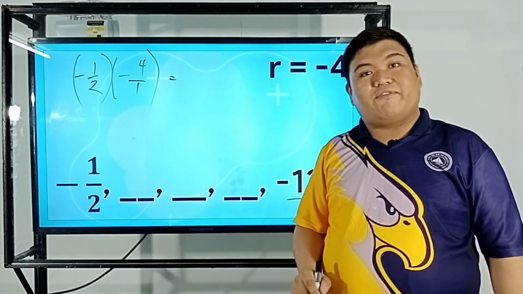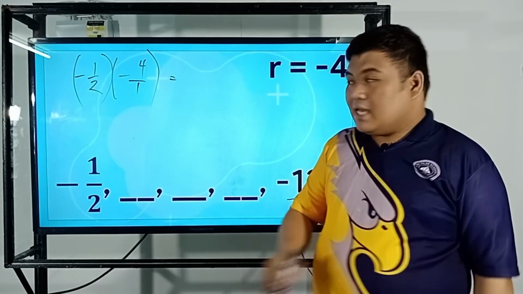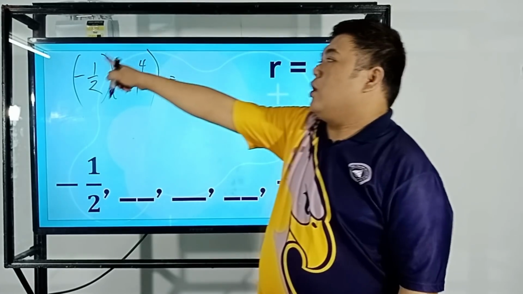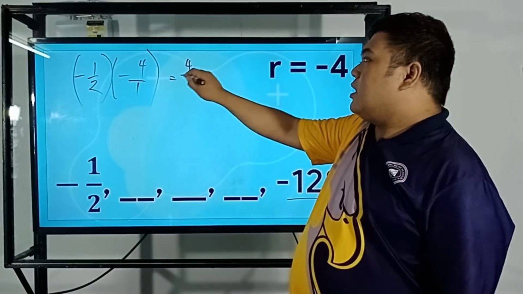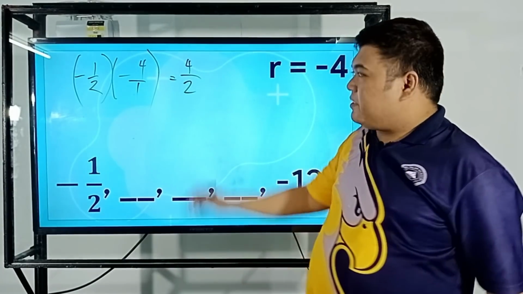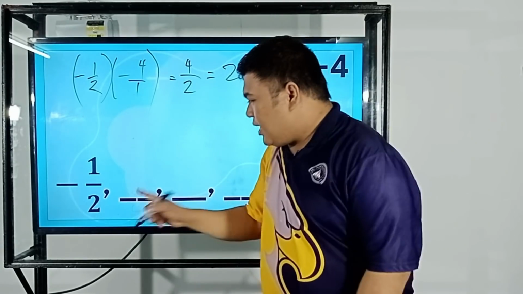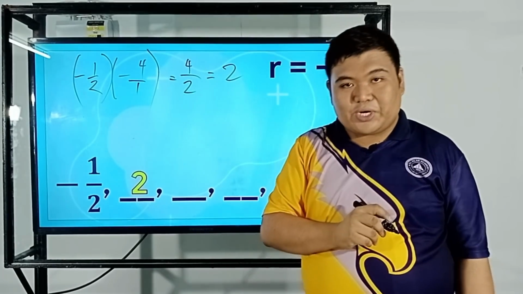Both are negative. So when we multiply numbers with the same sign, the answer will be positive. 1 times 4 is 4 over 2 times 1, 2. And 4 over 2 can be simplified as simply positive 2. Positive 2 will be the second term.